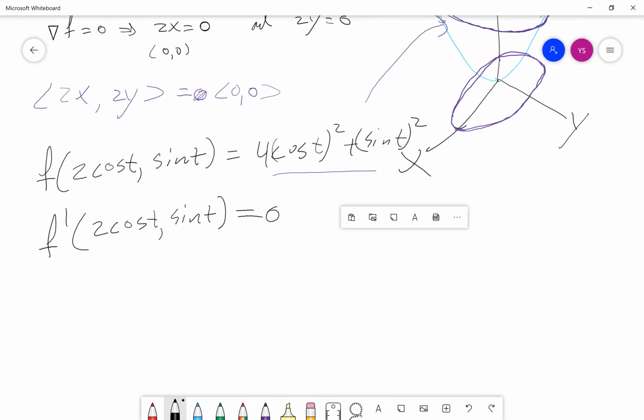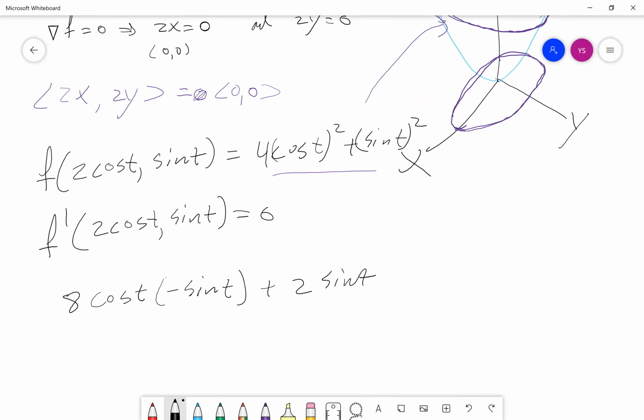So what happens if we take this derivative and set it equal to 0? We get 8 cosine of t times negative sine of t plus 2 sine of t cosine of t is equal to 0.